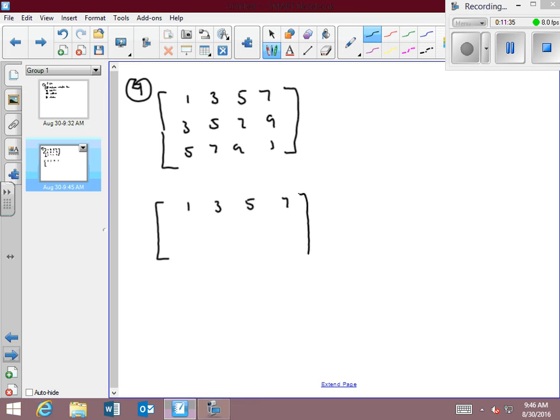Now if we think about it, in this next step I can get rid of the 3 in row 2 and the 5 in row 3 all at once, can I? Just by multiplying. To get rid of the 3 in row 2, I'm going to multiply row 1 by minus 3 and add it. So this becomes 0.